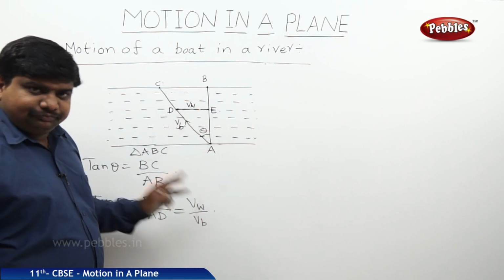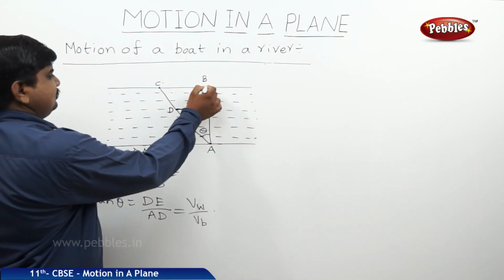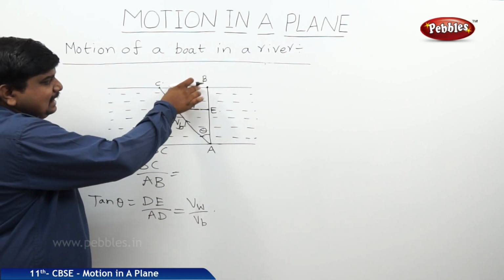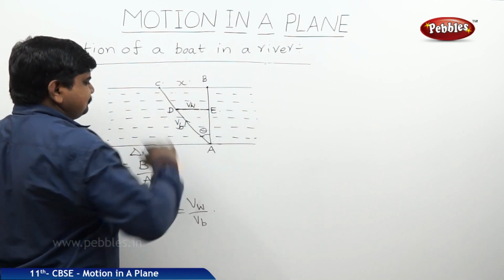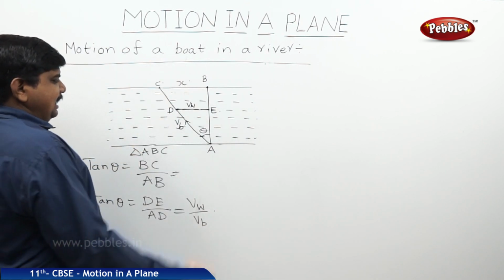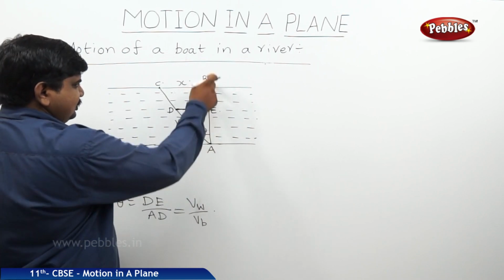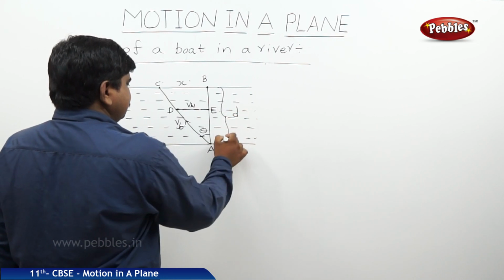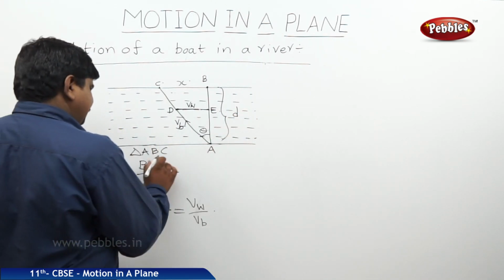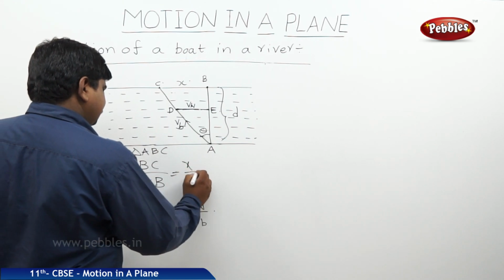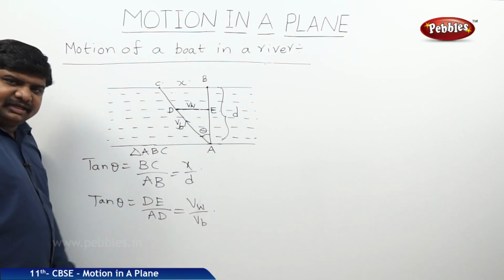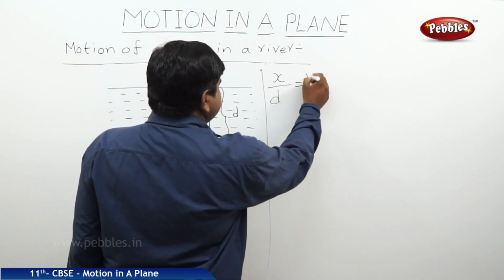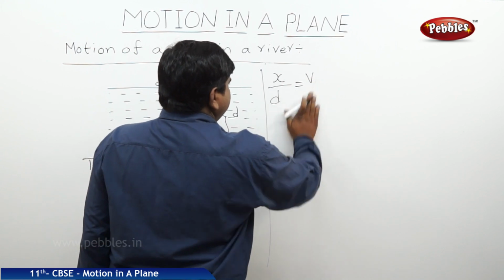BC by AB is nothing but, let us say, the difference between the positions of two different points on the same bank. Let us say it is X. AB, this gap from one end of the point to the other end of the point, let us say it is D. So BC by AB will become X by D. dE by AD will become Vw by Vb. Therefore, X by D is equal to Vw by Vb.